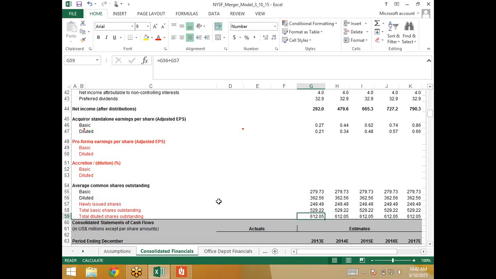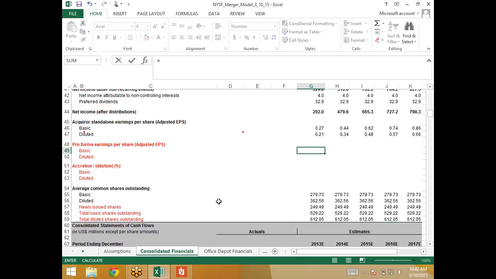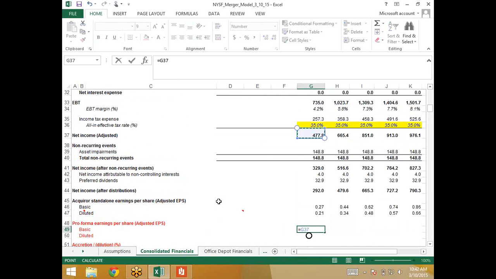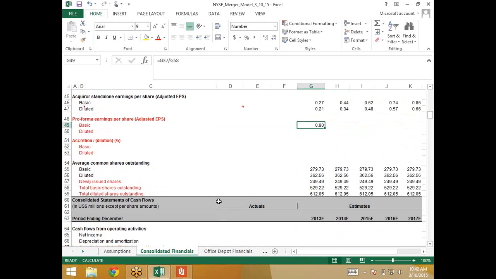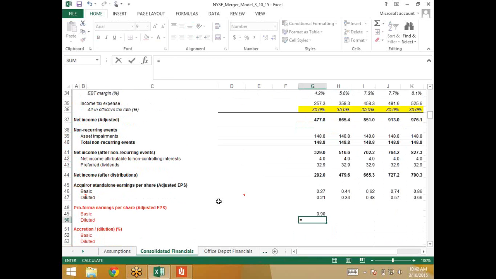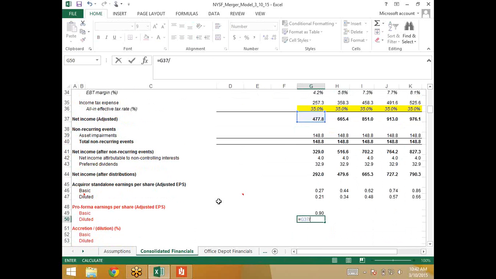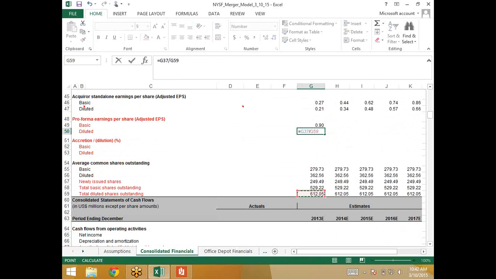And now we can calculate the new earnings per share, right? We've determined it's the adjusted net income divided by the new basic shares, or the adjusted net income divided by the diluted shares.